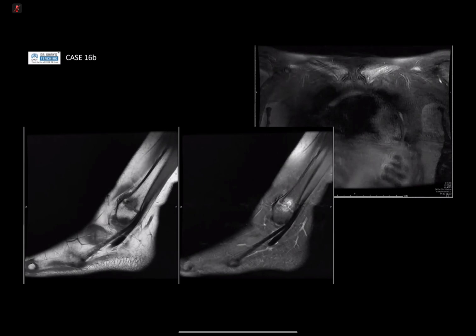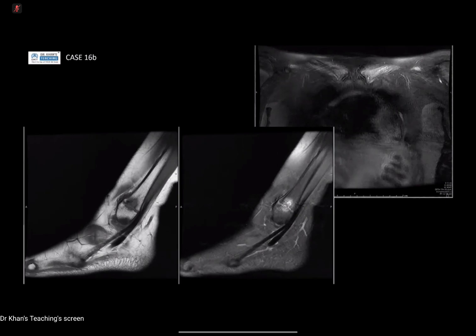Okay. All right. This is an MRI showing bone marrow edema at both medial aspects of the clavicle with soft tissue edema surrounding it. And at the right ankle, there is also bone marrow edema at the physis with a little hypointense lucent lesion seen at the physis with surrounding edema.